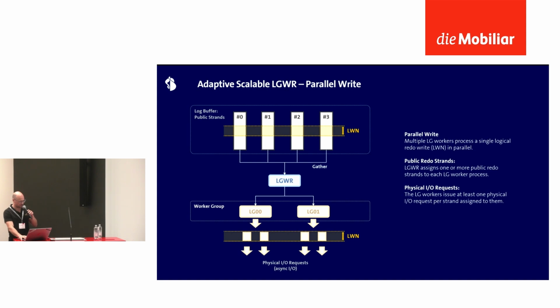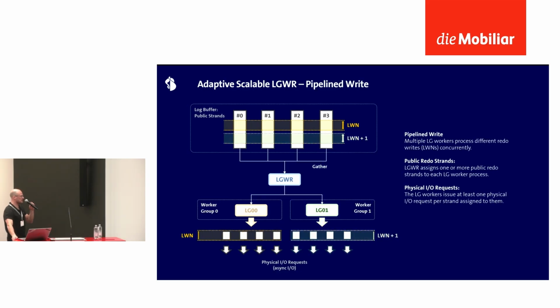And this here is showing a parallel write. So if we have a parallel write, it means we have multiple workers on the same LWN logical unit at the same time. Whereas here on the next slide, we can see a pipelined write. And that essentially just means we have two different groups working on two different LWN units concurrently.